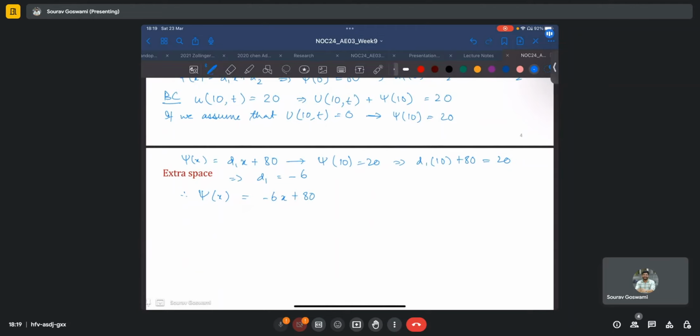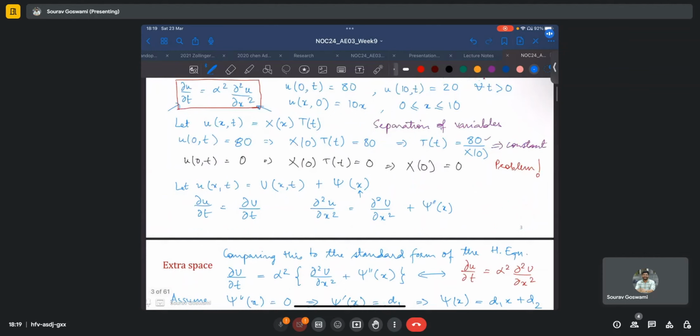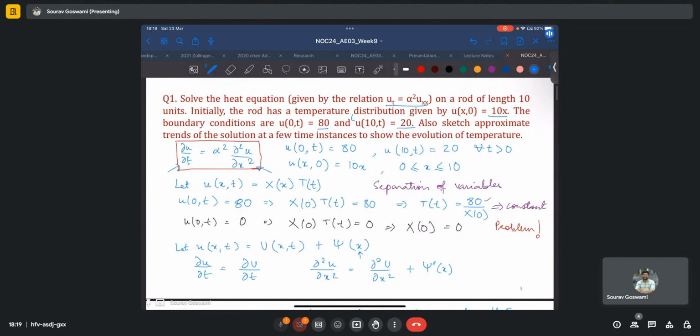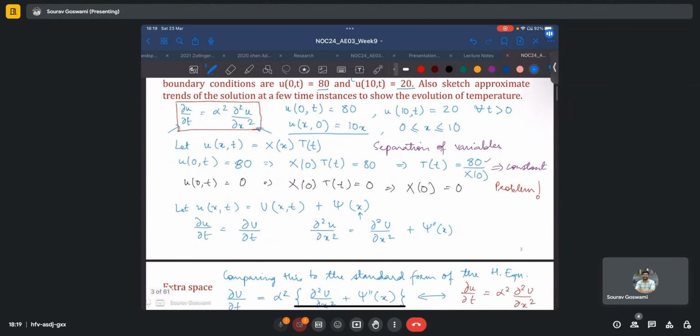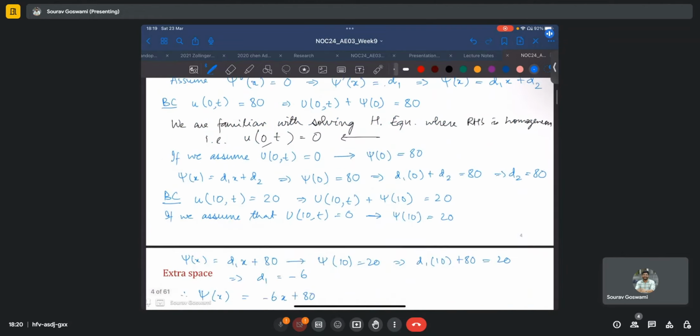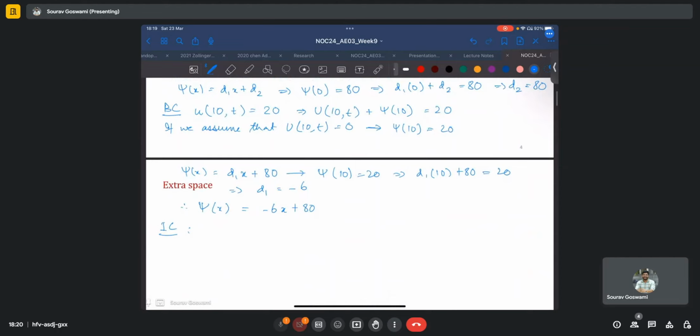We also have an initial condition given to us, which is u at x comma 0 is 10x, which gives us the initial distribution of temperature at the start of observation, t equals 0.